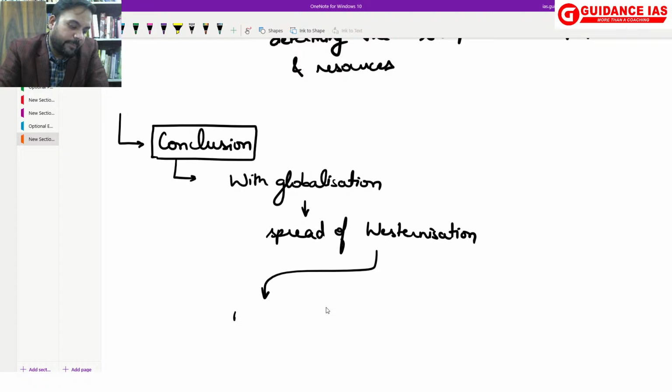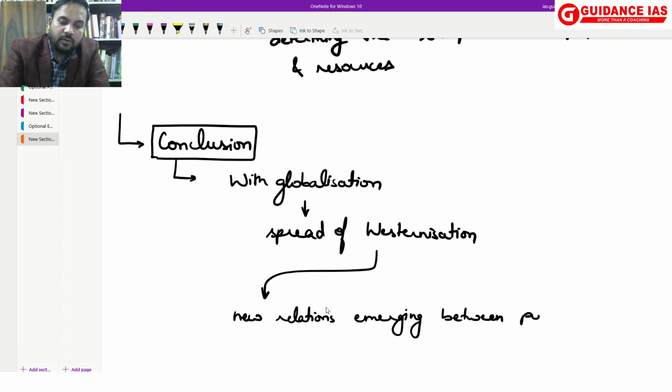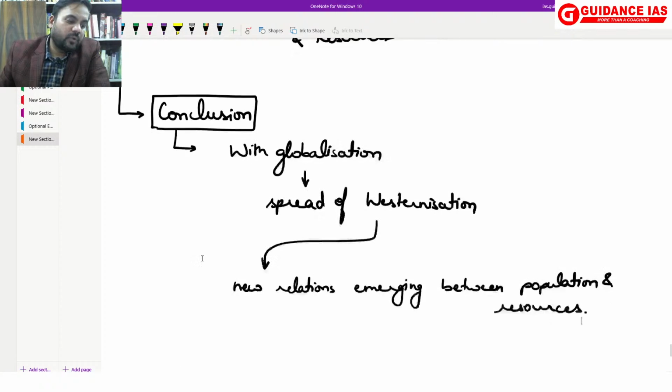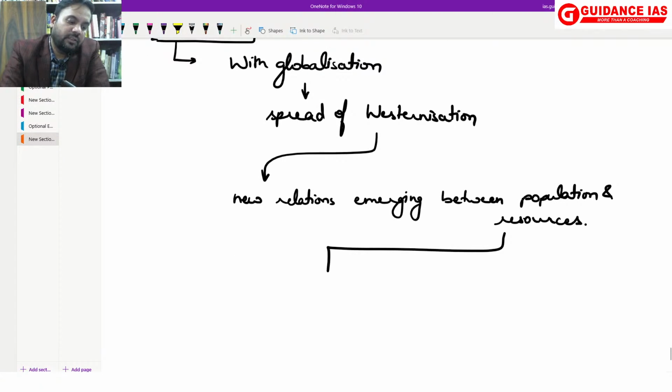There are new relations emerging between population and resources. Population and resources.